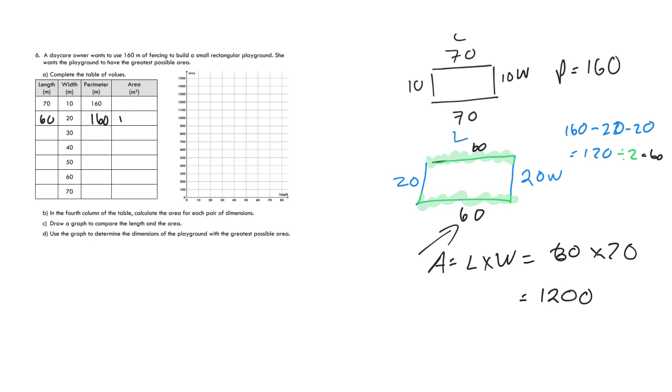We just write 1,200 meters squared. And we do the same for 70 times 10, which is 700. And we're done.